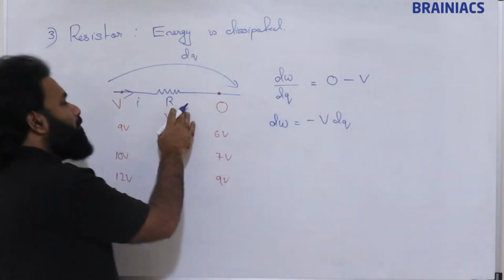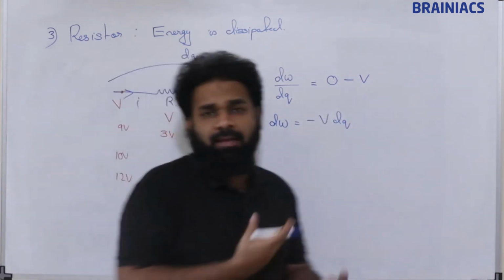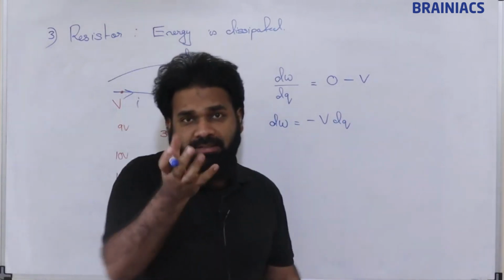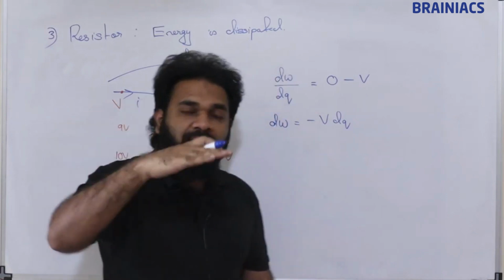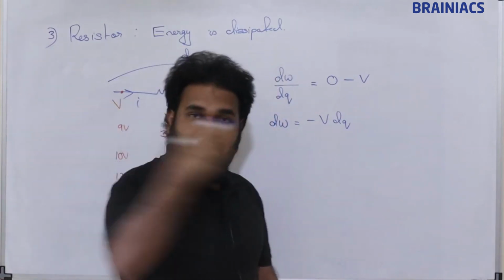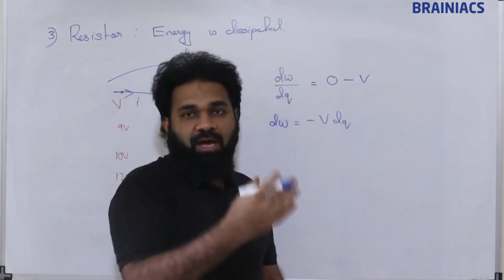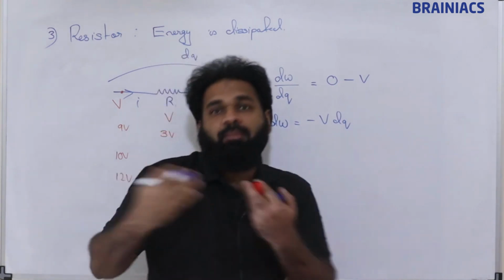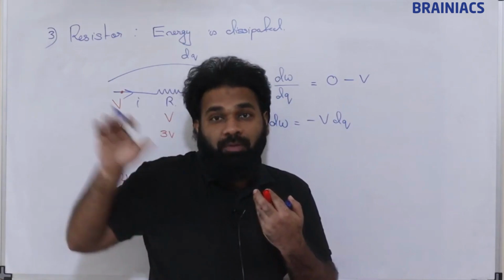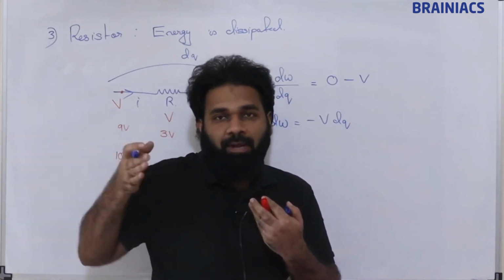So here also energy is absorbed and it is dissipated. For discharging alone, the battery will be releasing energy. For charging, for the resistor, they will be absorbing energy. So there will be a reduction in the energy supplied.